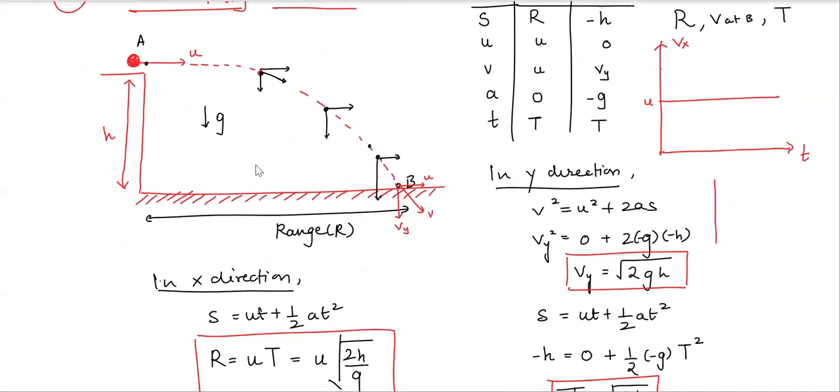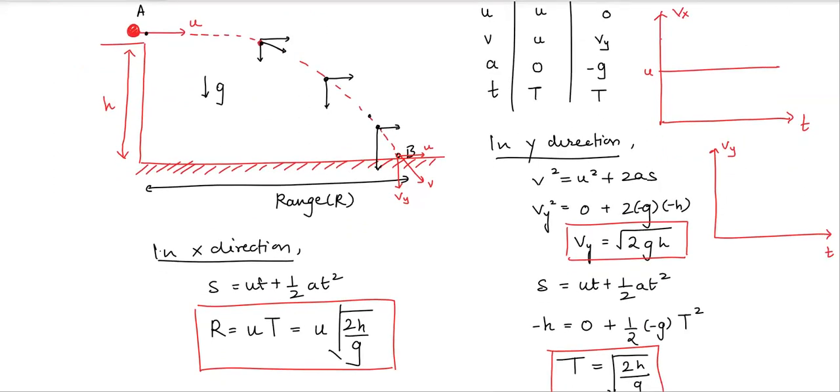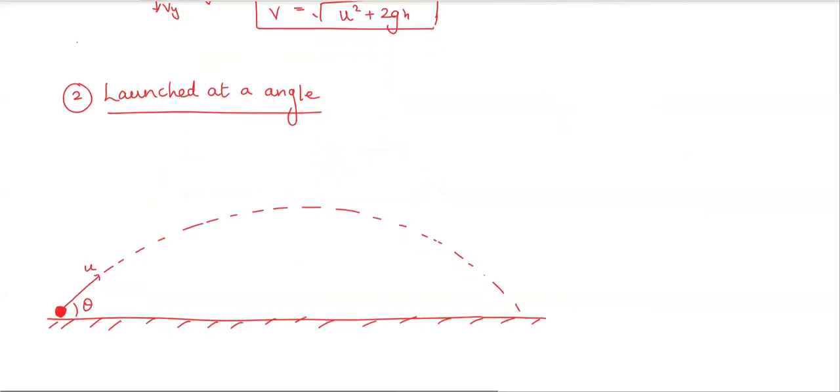If I want to plot my velocity vy with respect to time, that will be increasing with time at a constant rate. So it will be like this.